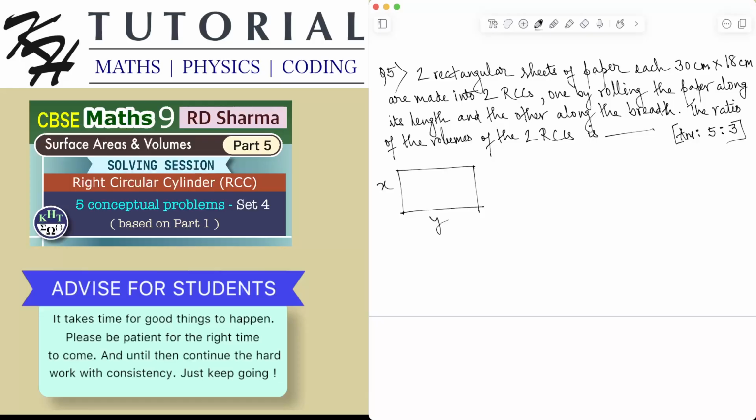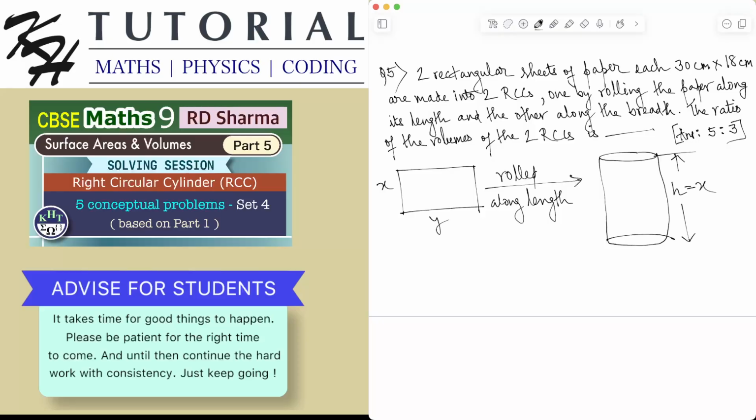So when this sheet is rolled along length, the RCC formed along length, the height will be equal to x, and the base radius will be equal to y by 2 pi.